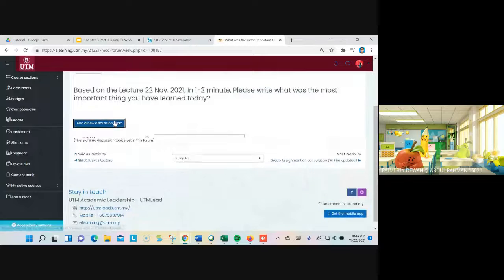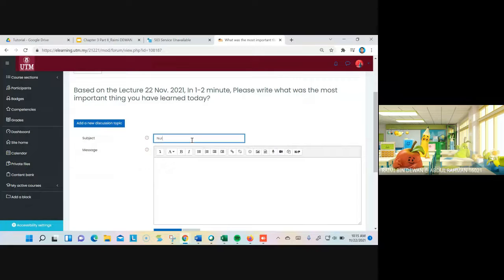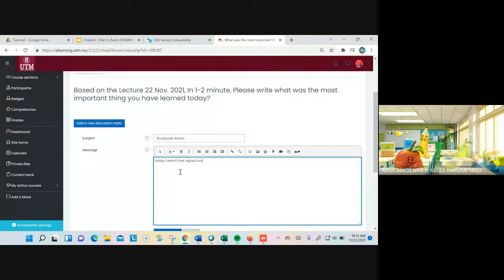For example, Aisyah Amira: Today, I learned that signal convolution in time domain produces signal multiplication of signal in frequency domain.